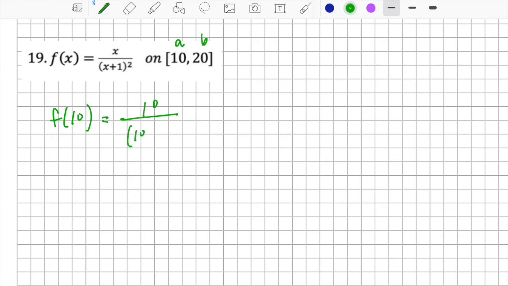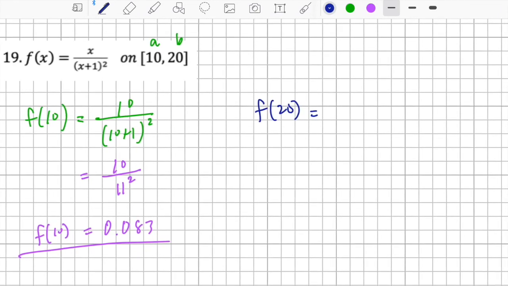So we replace all the x's with 10, so it'll be 10 over 10 plus 1 squared, which is really 10 over 11 squared. And if we use a calculator, 10 divided by 121 gives me a positive 0.083.